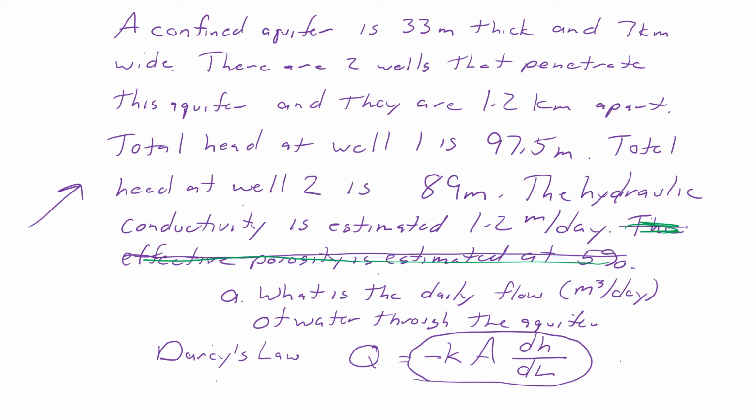So let's go over and draw this out. I like to draw things to hopefully show you a mind's eye picture of what these equations are trying to estimate for you. So let me see. I'm going to use red as the aquifer.